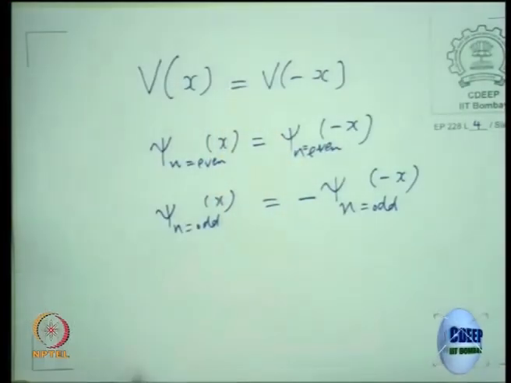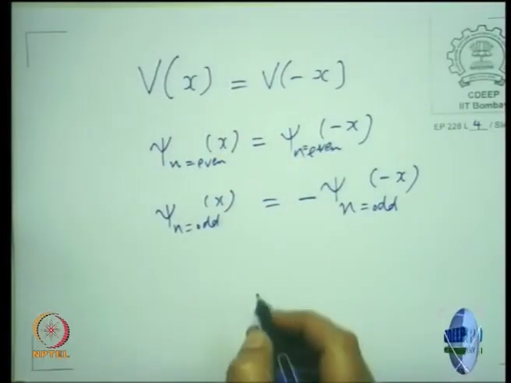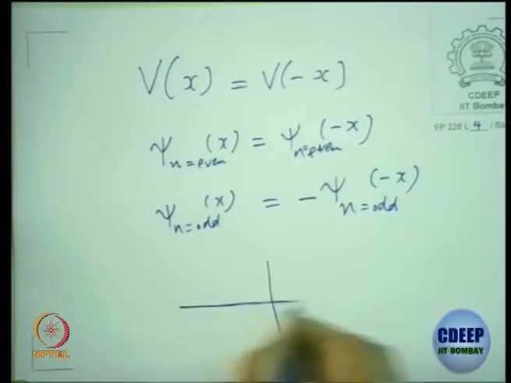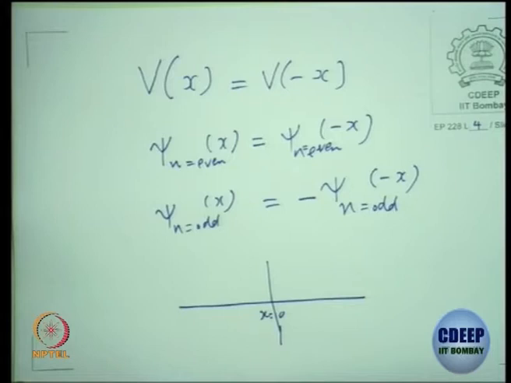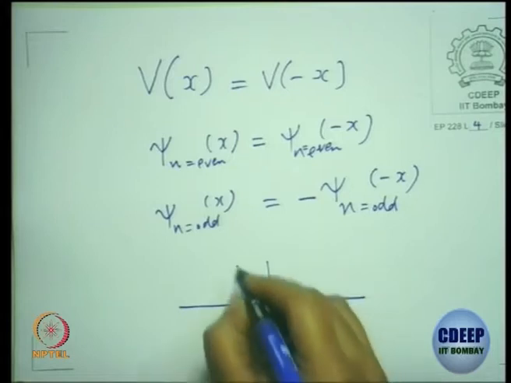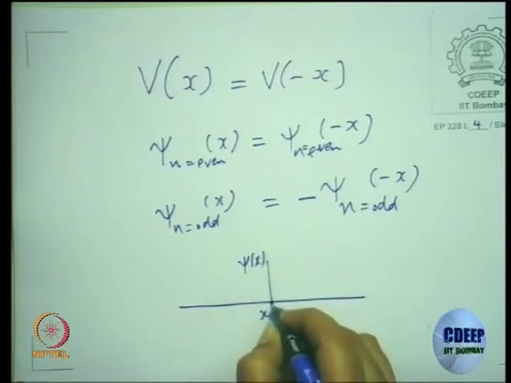So you can have situations when it is an odd function. Suppose we are looking at an odd function at, let us do the plot here, at x equal to 0, an odd function has to be 0.